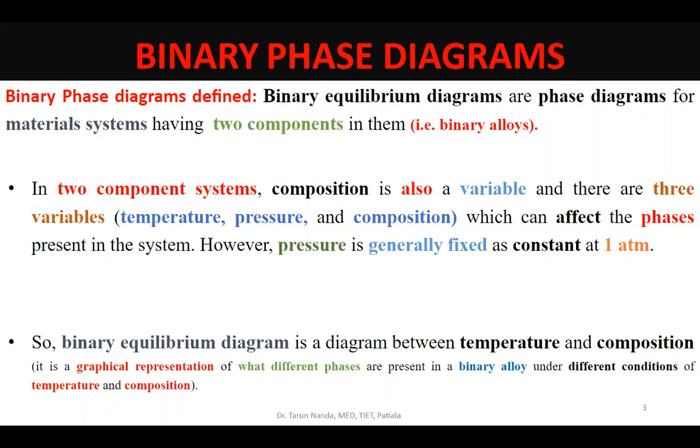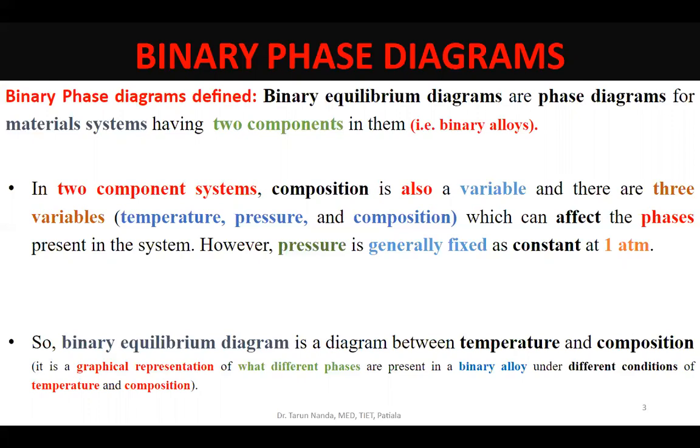Whensoever an equilibrium diagram is drawn for a one component system, a pure substance, a unary system, it is called a unary equilibrium diagram. Similarly, if an equilibrium diagram is drawn for a two component system, in other words, for a binary alloy, all such diagrams are called binary phase diagrams.